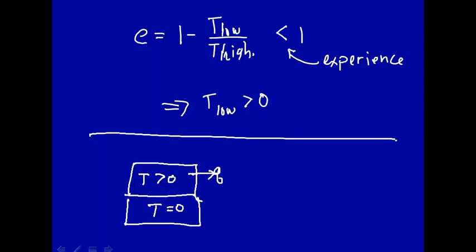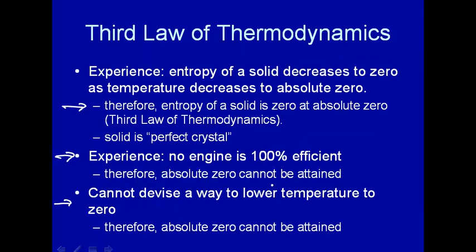So with T at 0, you can suck out all the heat and make this T equal 0. But you can't have a T equals 0 if you're trying to get a T equals 0. So this implies that you cannot reach T equal to 0 by any process in which you try to remove heat from a system. All right, so absolute 0 cannot be reached. So those are 3 statements of the law of thermodynamics.